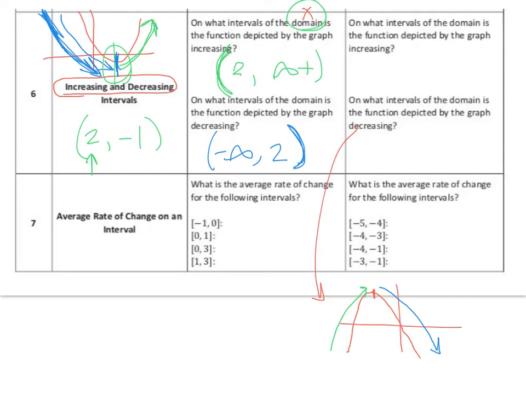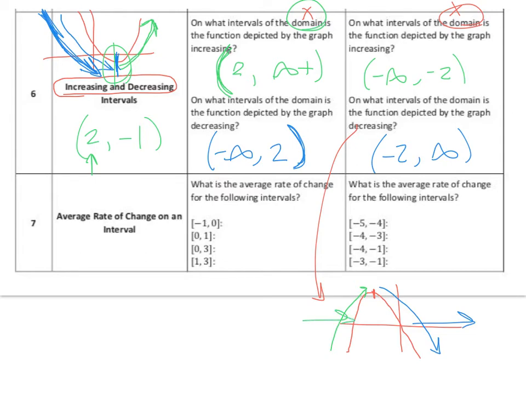So on what intervals of the domain, so the x values are the only ones we're going to report on, is the function depicted by the graph increasing. I'm going to go from negative infinity to my vertex, which is at -2. And then I'm decreasing from that vertex all the way to infinity, because we're just looking at the x-axis.